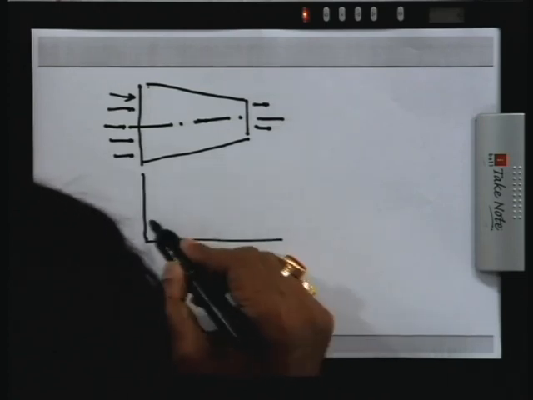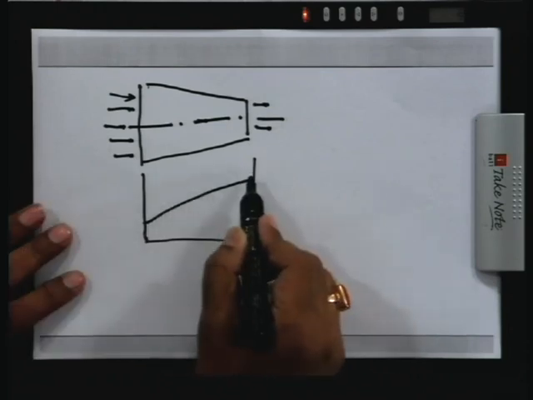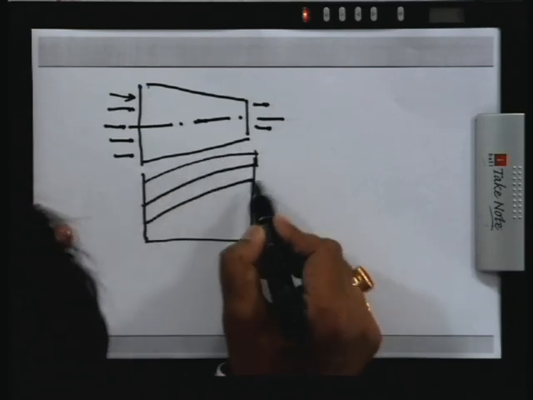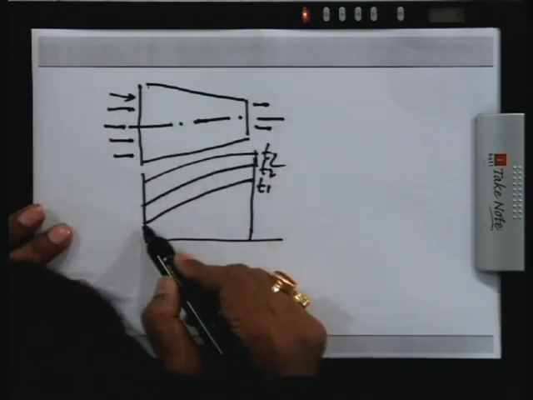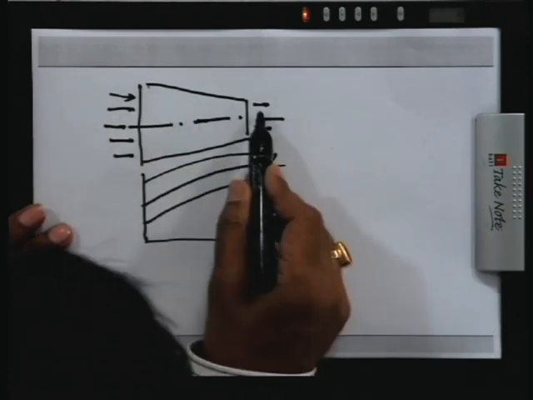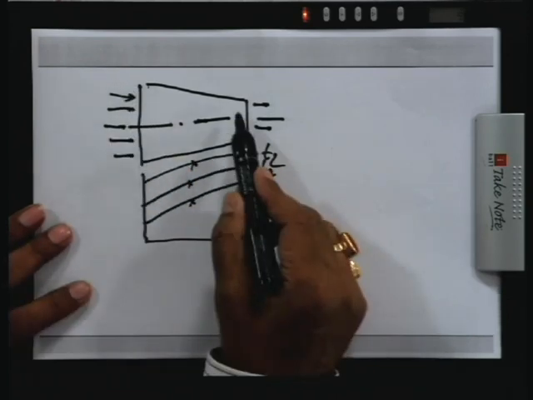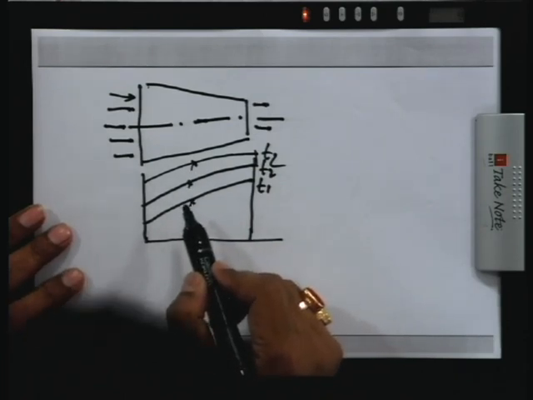Because of the taperedness, the velocity will change, and that variation will also change with time at different times T1, because the inlet velocity and outlet velocity are changing with time. So, there will be a space-wise variation because of the taperedness, and there will be a time-wise variation because of the change in the inlet velocity and the outlet velocity. Therefore, this is an unsteady and non-uniform velocity. Okay.